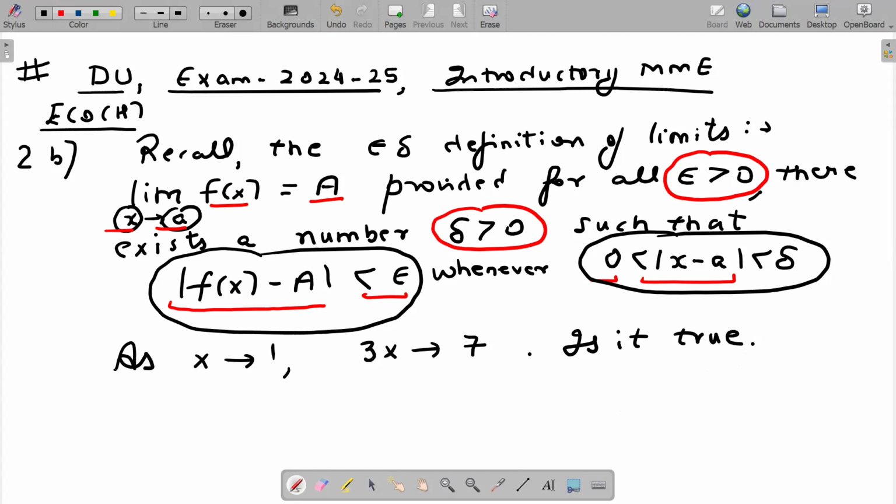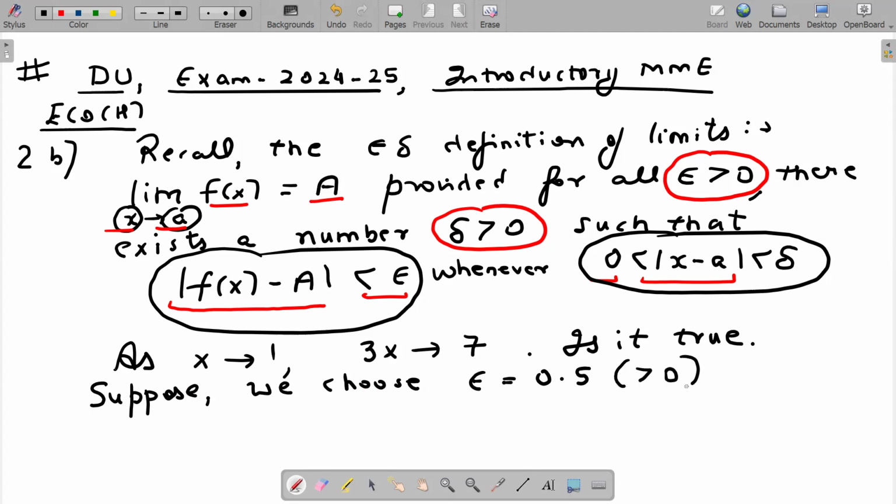So let us choose a small value of epsilon, and then we need to see what the value of delta will be for it. Let's suppose we choose epsilon equal to, let's say, 0.5. You can see that 0.5 is greater than 0. I have chosen a value of epsilon.